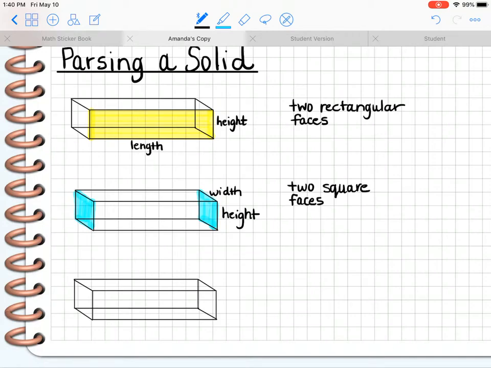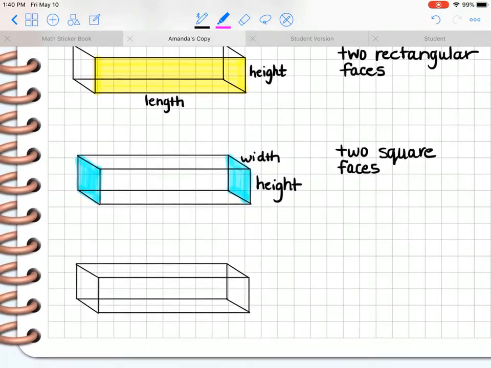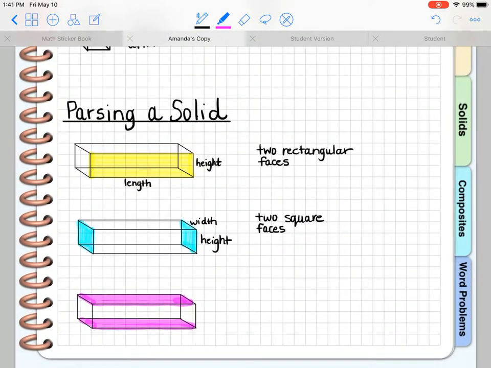On this bottom one, can you see where the other one needs to go? I've done the sides of the box. I've done the ends of the box. So I need the top and the bottom of the box. So let's do the last one. I'm not doing a good job of staying in the lines, but I think you get the idea of the top and the bottom of the box.